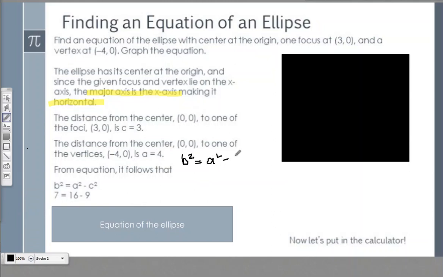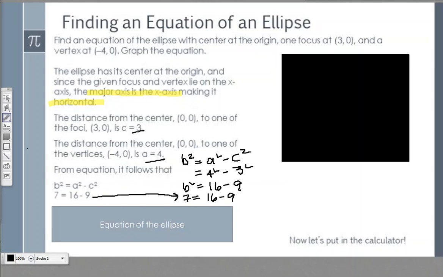My A value is 4 and my C value is 3. So B squared is going to equal 16 minus 9, and you don't have to square it. 16 minus 9 is 7. So you can see the steps I did to find my B value.